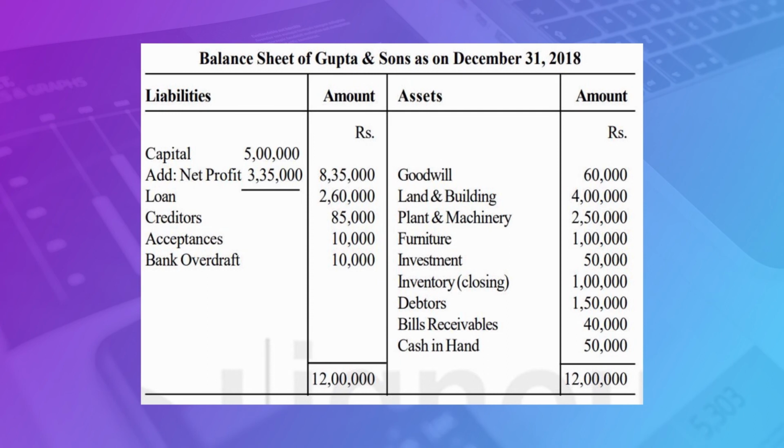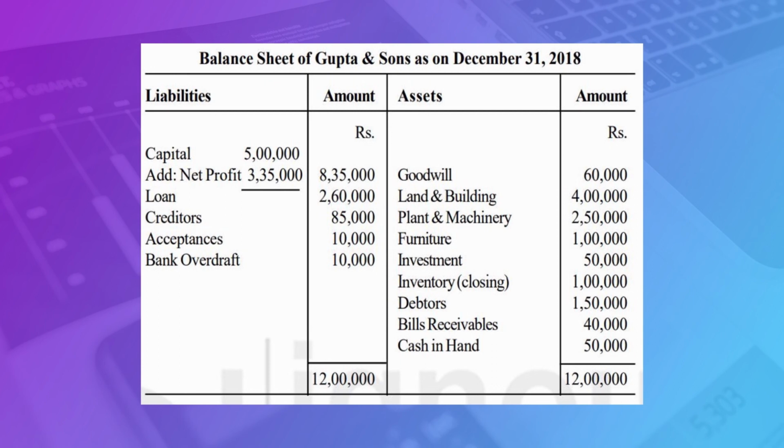Plant and machinery is also provided, rupees 2,50,000. Furniture is also provided, rupees 1 lakh. Investments again provided in the trial balance, 50,000. Inventory, so this is the closing stock.